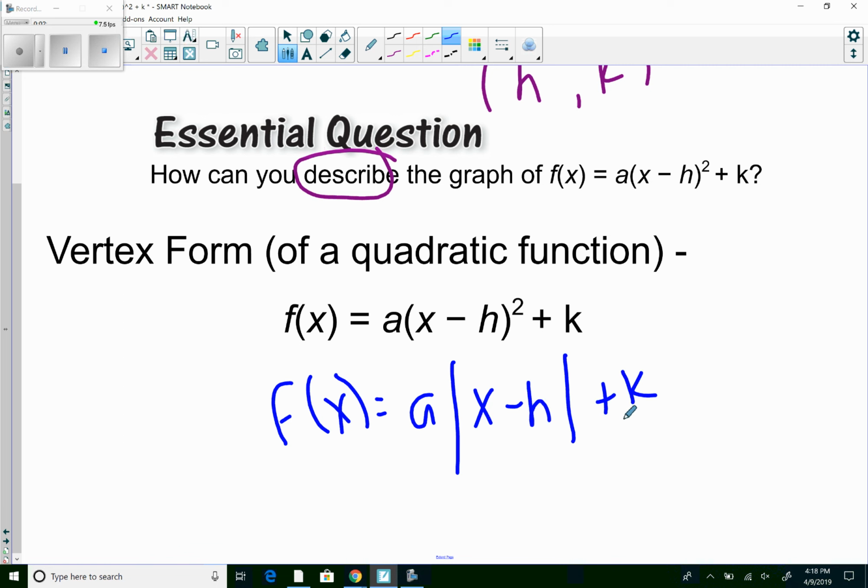When we were talking about absolute values, that's when you saw something similar to this. There was no squared up here, but with these two long lines, when we talked about absolute values, is when you guys saw a little bit of vertex form. So just something to recall, and maybe you remember some of the stuff we talked about, because that'll really help out with this graphing side of stuff today.